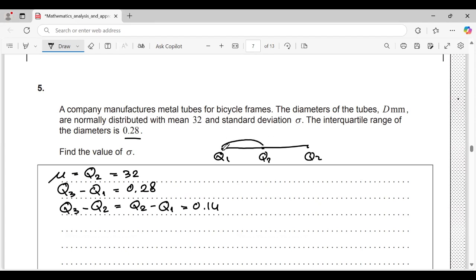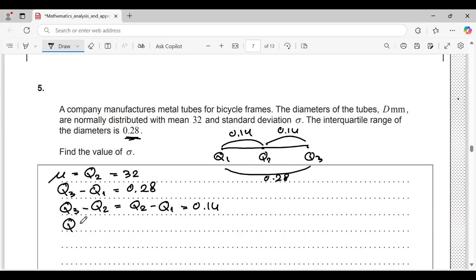So between the first quartile and second quartile is 0.14, and the second quartile to the third quartile is 0.14 as well. So the total from the first quartile to the third quartile is 0.28 according to this statement. All right, let's continue.